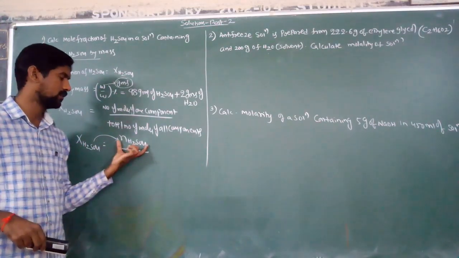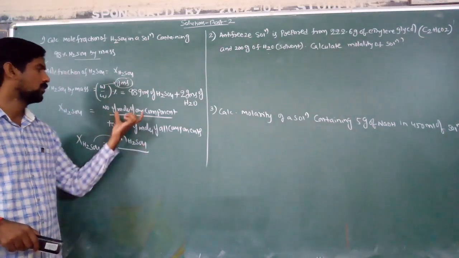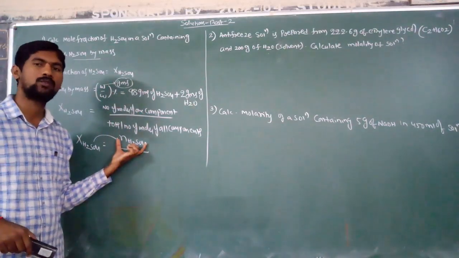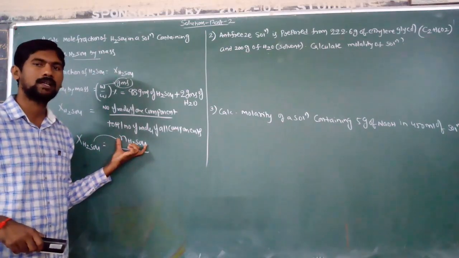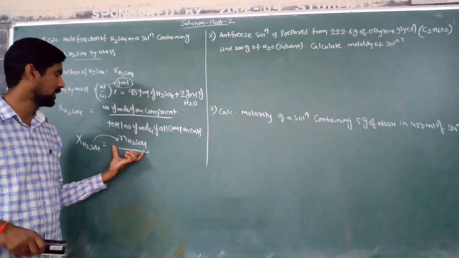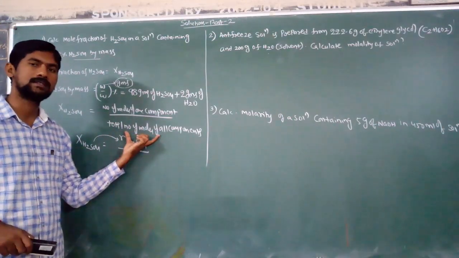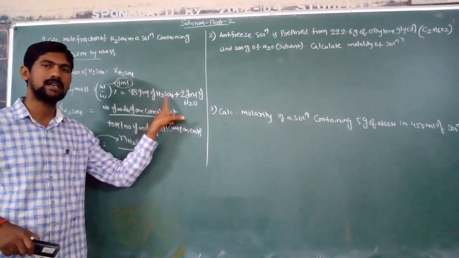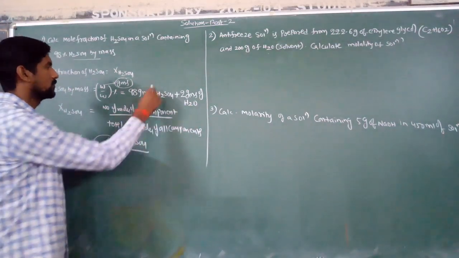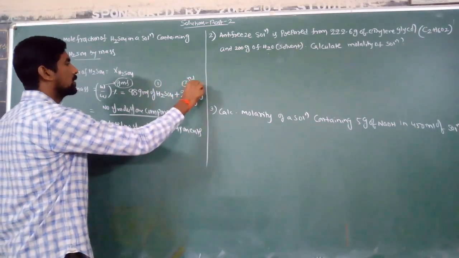Therefore in the numerator we take that component, the number of moles of one component. For which component do we have to find the mole fraction? Sulfuric acid. Therefore in the numerator we take the number of moles of sulfuric acid, by, what is the denominator? The total number of moles of all the components. How many components are present? One component is sulfuric acid, the second component is water.